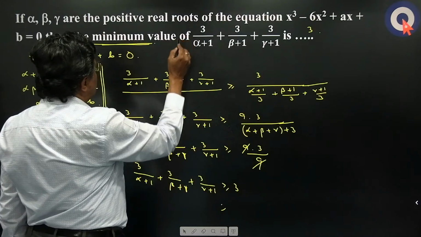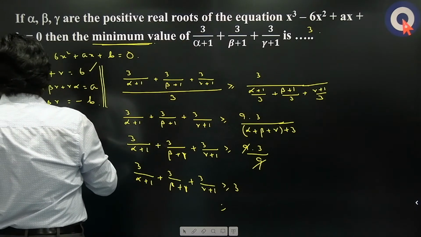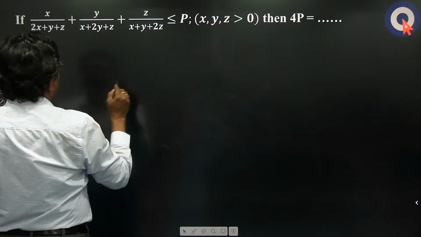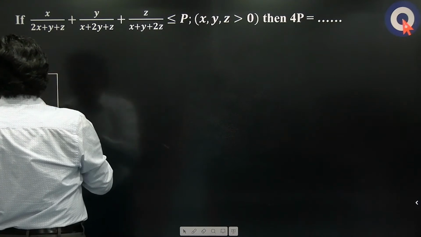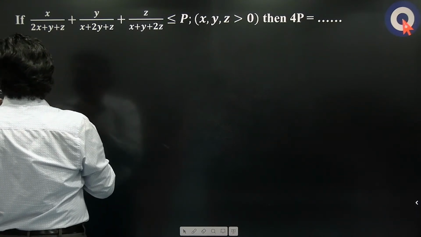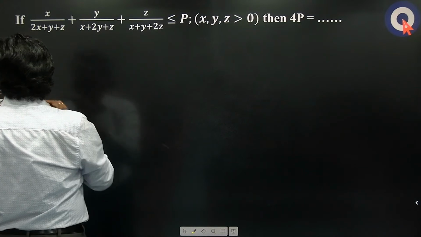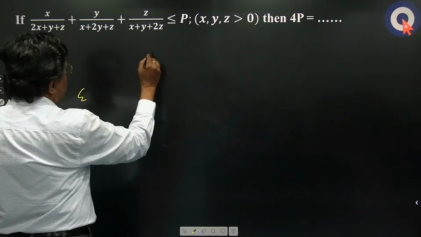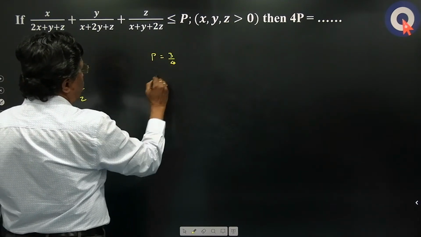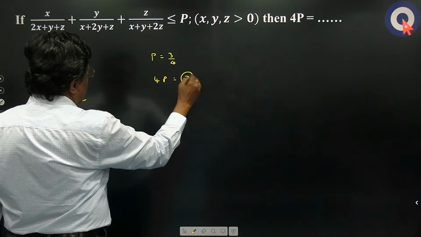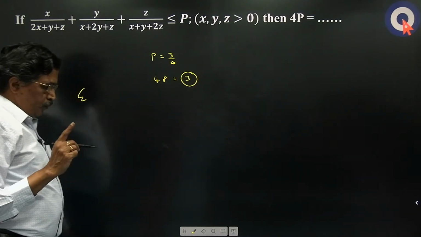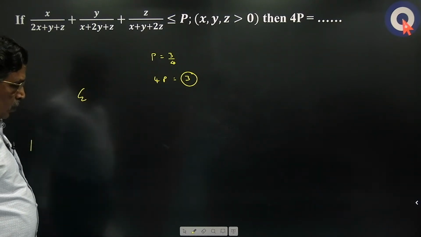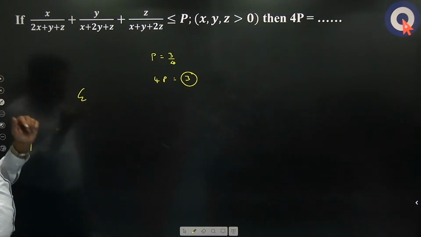So what you got is P is equal to 3 by 4, therefore 4P is equal to 3. Sorry for the inconvenience, I am not able to show the whole problem once again, but you can just go back a little and see the solution once again.